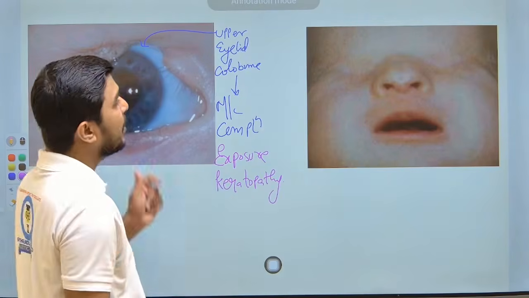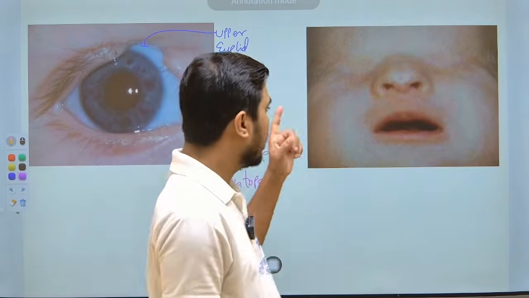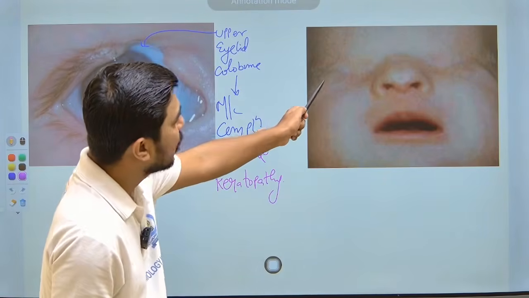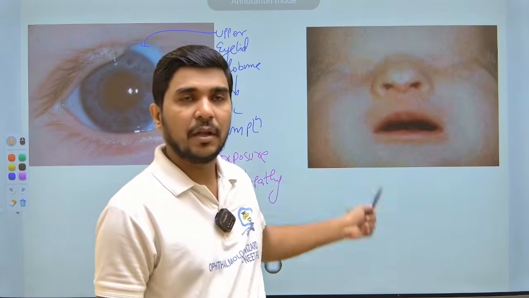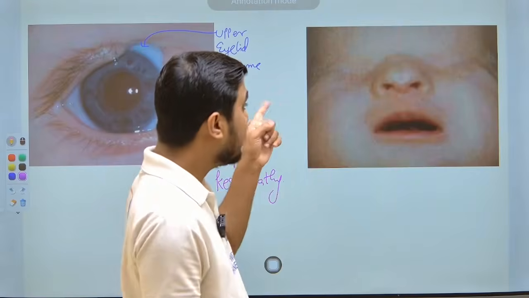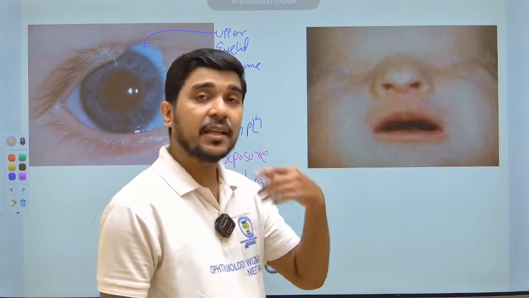Understood? Coming to this point, it is very important to understand that this patient is having no eye. You cannot see anything because eyelid has not been formed. When the eyelid itself has not formed, how can you expect anything?